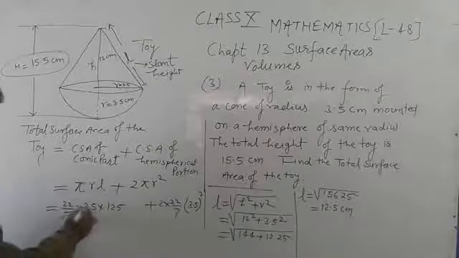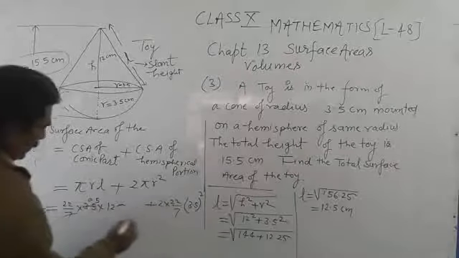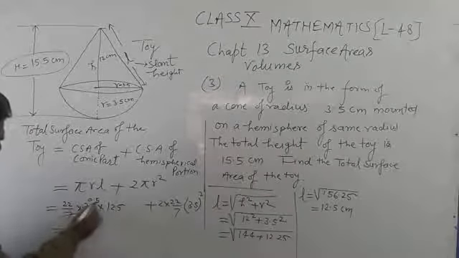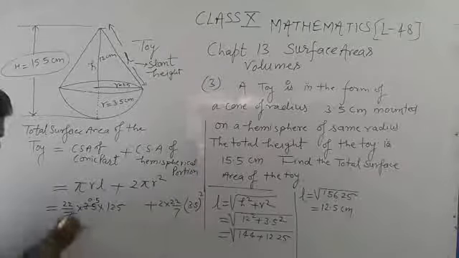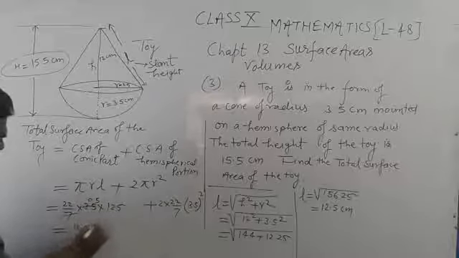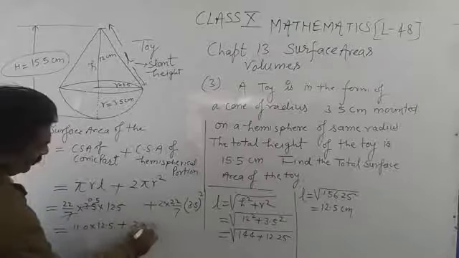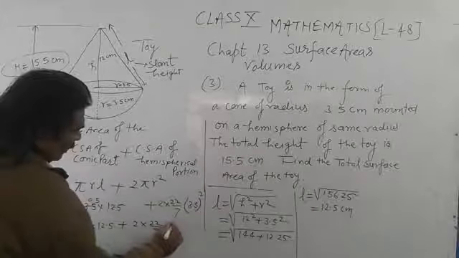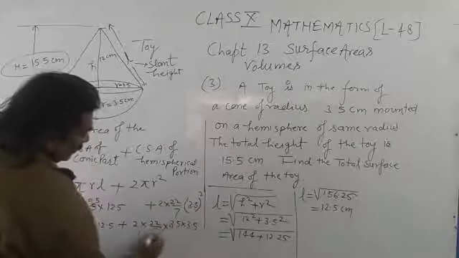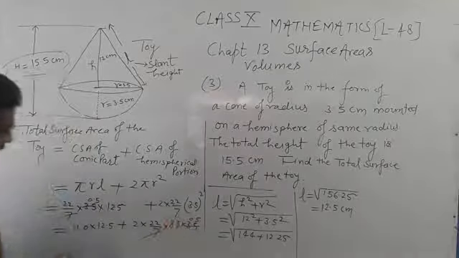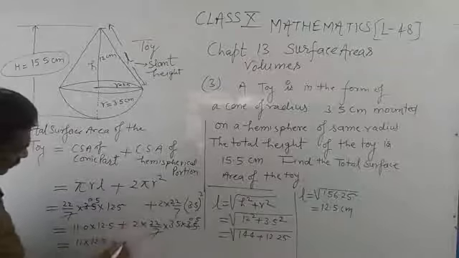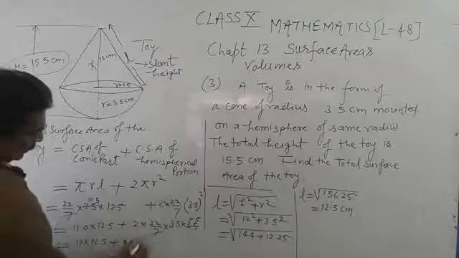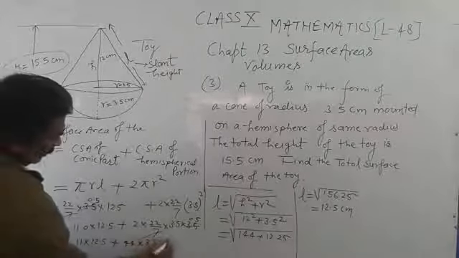Now 7 5 ja 0.5, and here 22 into 0.5 is 11.0, multiplied by 12.5 plus 2 into 22/7 multiplied by 3.5 into 3.5. 7 5 ja. Okay. Now this becomes 11 multiplied by 12.5 plus 44 multiplied by 3.5 and 0.5. Okay.